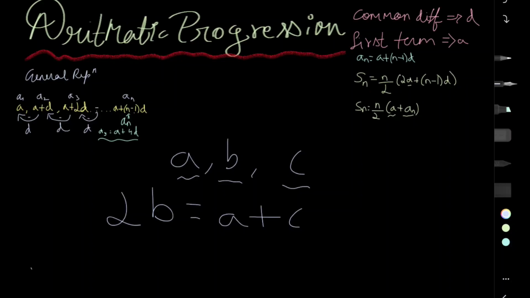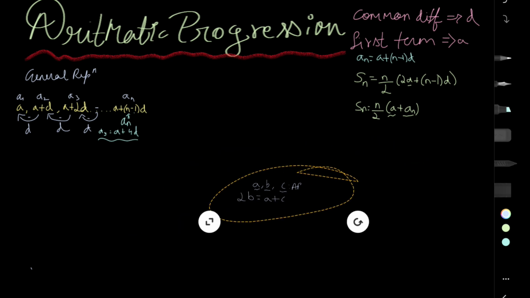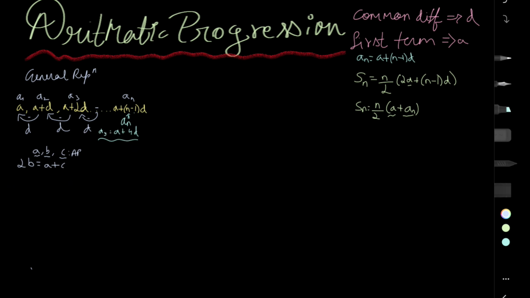We can prove it by taking the general terms a, a plus d, a plus 2d. If these are in AP, 2b is equal to a plus c. We can only apply this if they are in AP, not for any others.